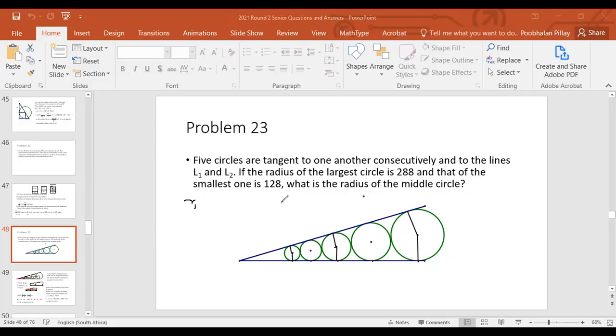We know these values: R5 is 288 and R1 is 128. So I've got R1 here, and here I will have an R2, like that, that's R2, and that is R3, and this is R4.